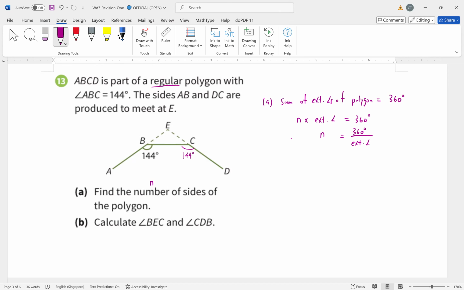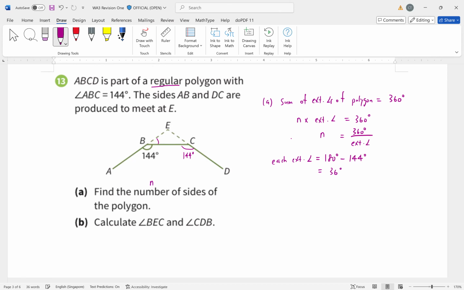Okay, so from here, we can apply this approach to this question. We want to find the exterior angle. Remember, one exterior angle plus the interior angle will be equal to 180. So each exterior angle will be 180 minus the interior angle, which gives us 36.